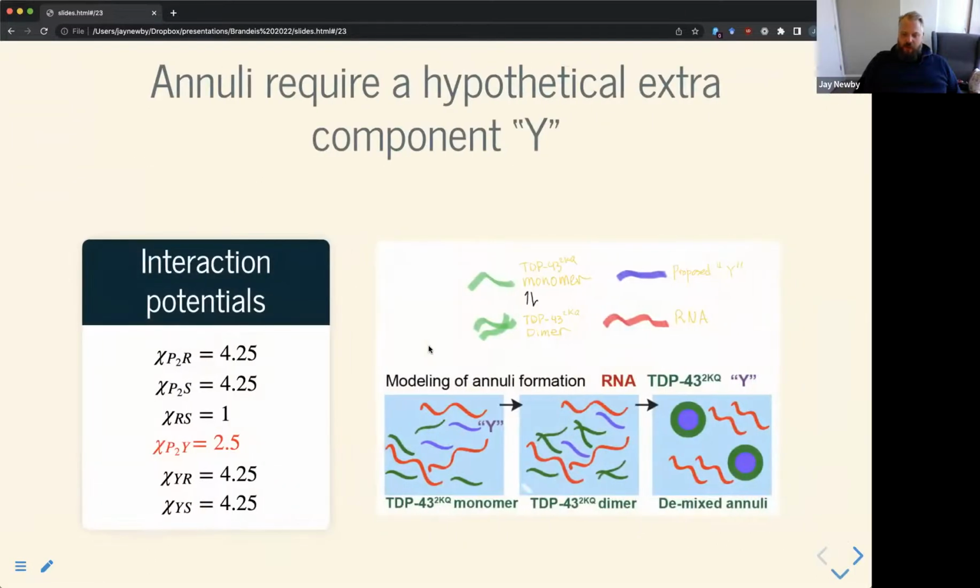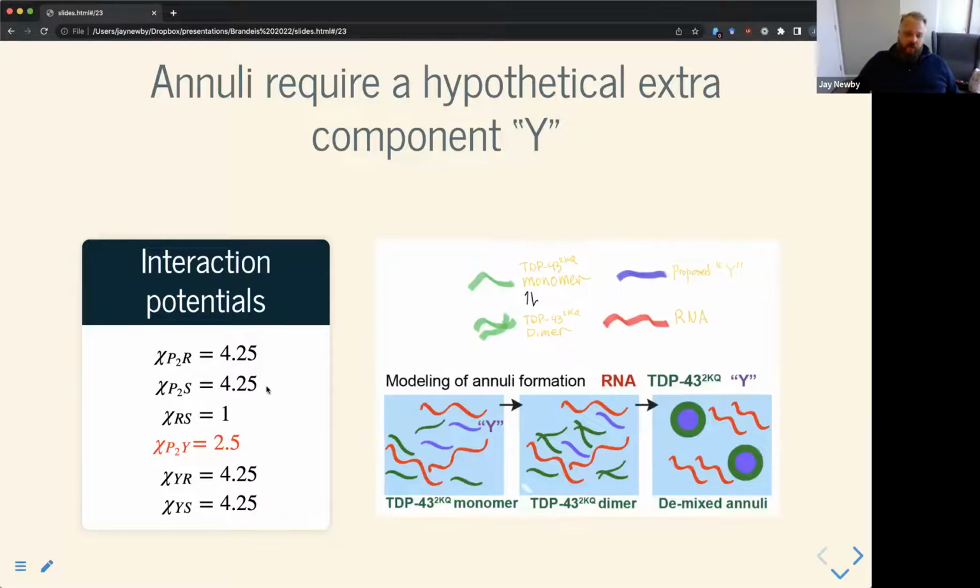So we decided to put a new player into the model, which was some unknown thing that's inside of the annular shells. Instead of thinking of that as just the solvent, we have some unknown proteins, RNA, maybe some combination of the two.